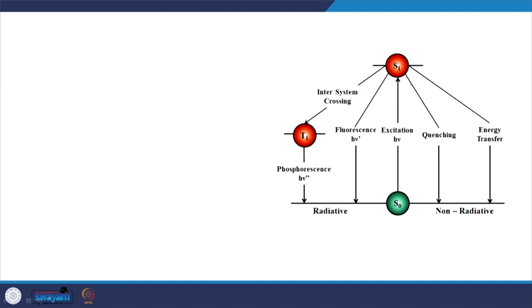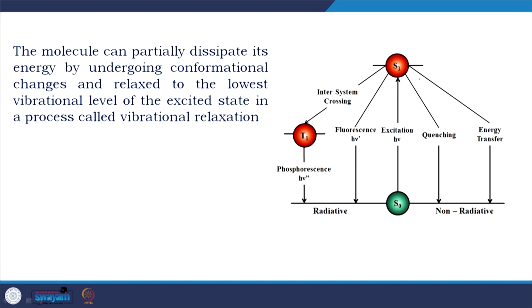If it goes to T1 by inter-system crossing and then comes back, this is radiative transfer and is called phosphorescence. The molecule can also partially dissipate its energy by undergoing conformational changes and relax to the lowest vibrational level of the excited state in a process called vibrational relaxation.